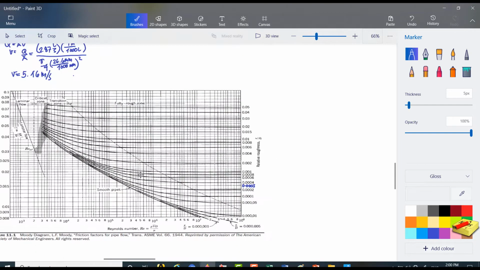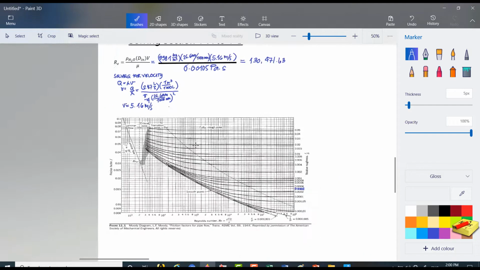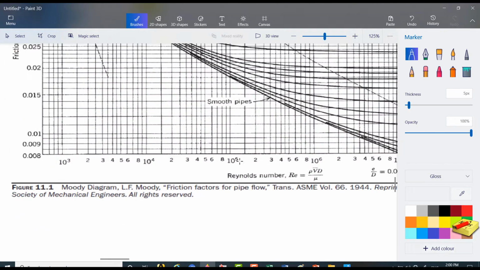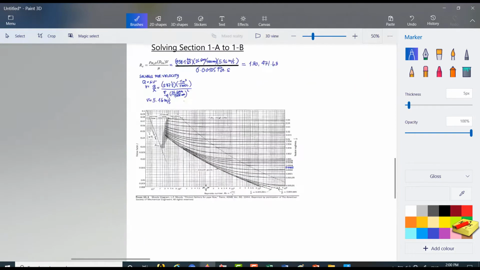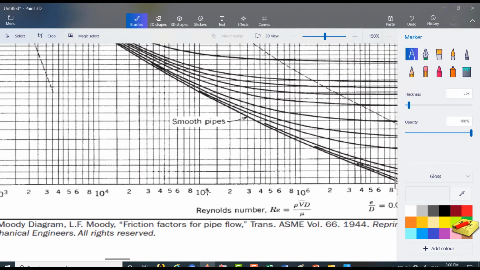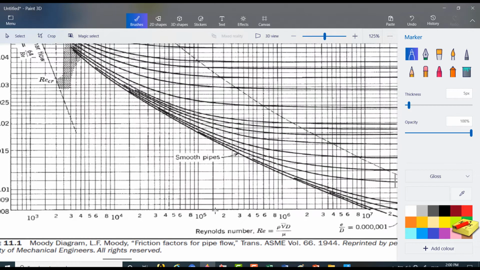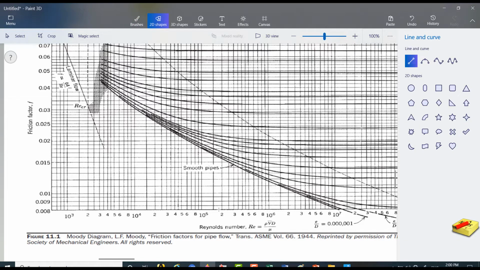Then the Reynolds number is 130,000, which is 1.3 to the power of 5. Starting from here, you have 5, so this is already 1, so it will be 1.3. Somewhere it is here, 1.3.